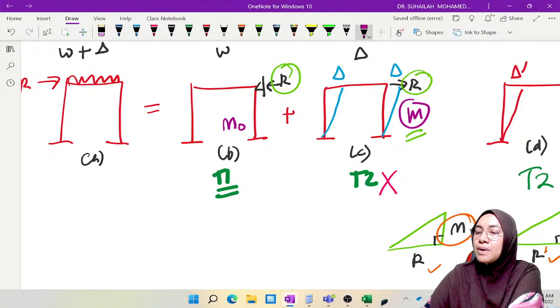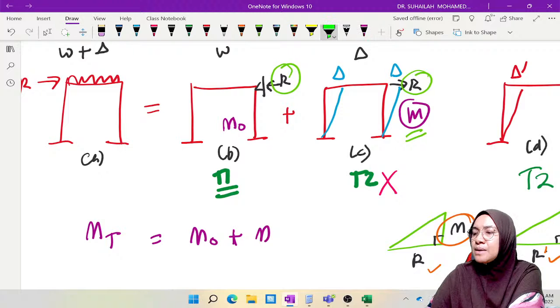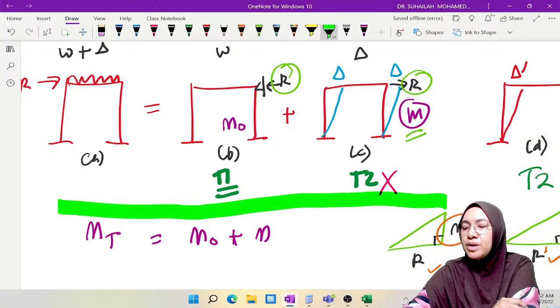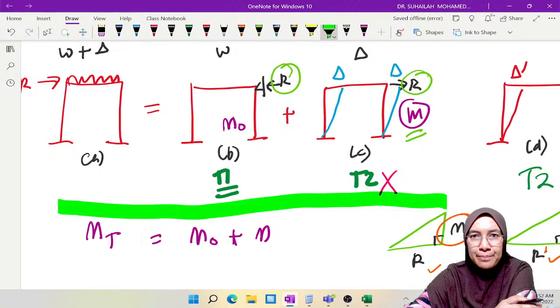Based on the principle of superposition, we have M total equal to M naught plus M.